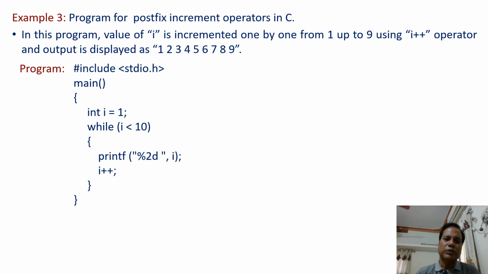So control comes out of the while loop, and this is the closing brace, that is the end of the code, and the program stops here. So the output of this program is going to be 1, 2, 3 up to 9.